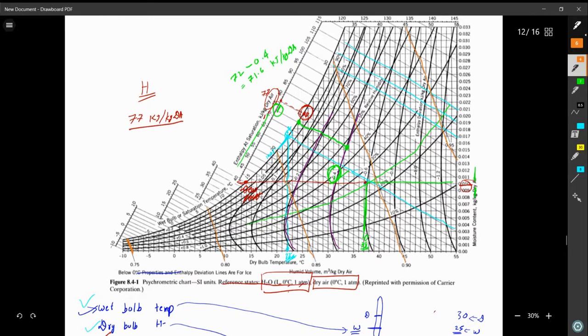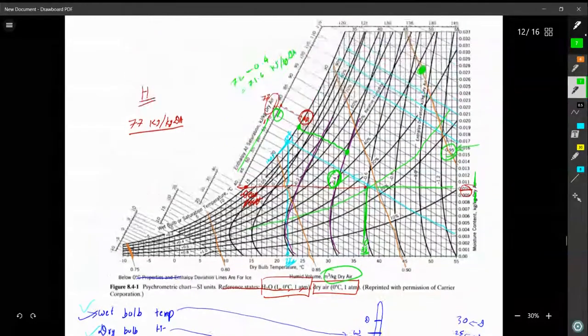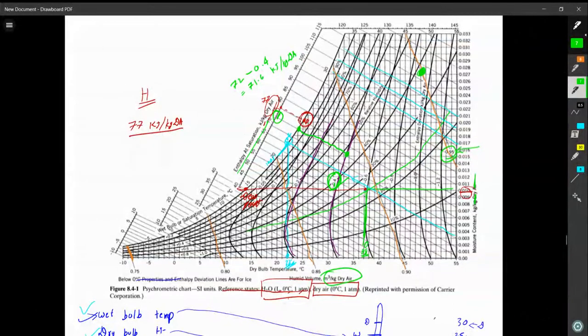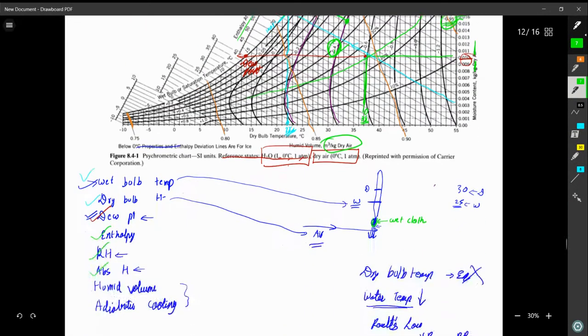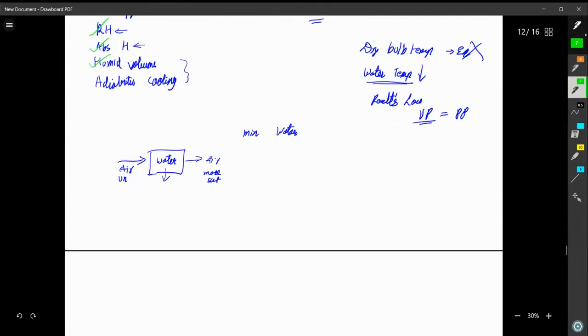So wherever you are, let's say you are here, it says what the humid volume is. Humid volume is 0.95. Again, what are the units? Humid volume units are meter cube per kg dry air. See, everything is defined in terms of kg dry air. So 0.95 meter cube per kg dry air. That's humid volume.